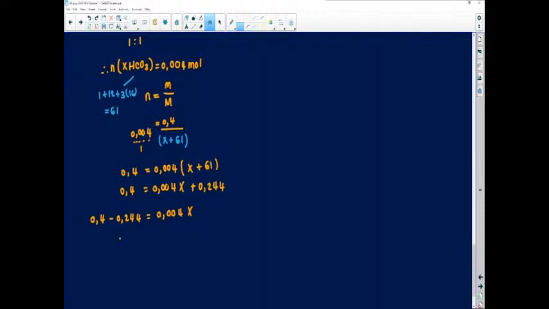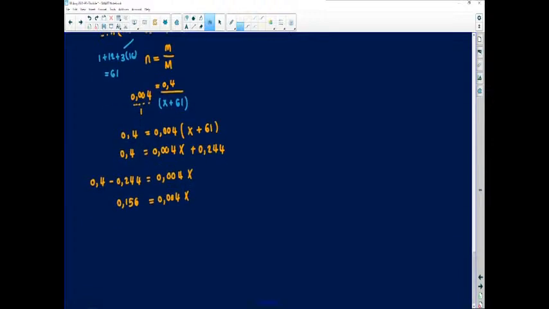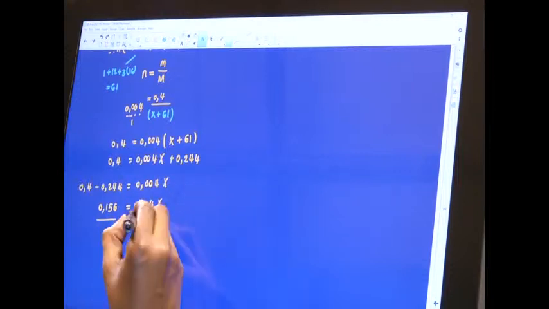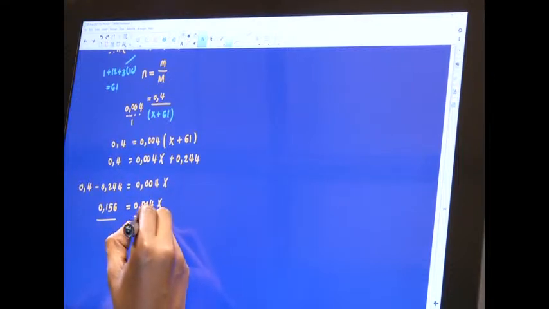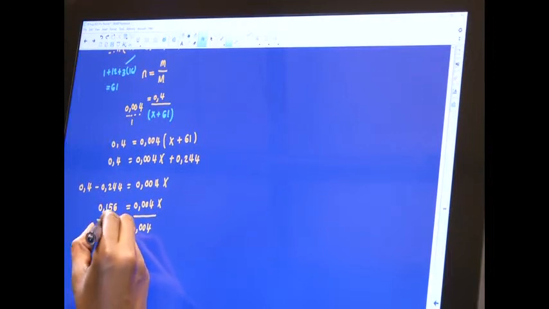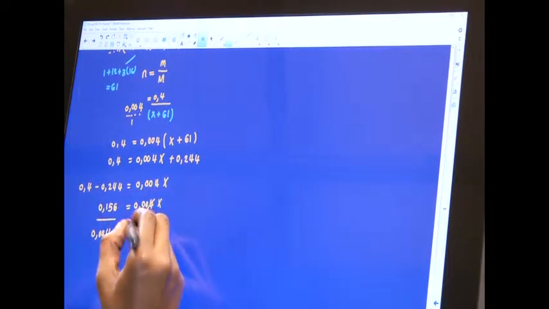So on this side, I'm going to have 0,156 is equal to 0,004x. Remember your x. Now I need to find x by itself. Remember, to get x by itself, you divide both sides with what is bothering the x. In this case, I'm going to have 0,004. What you do on the one side, you do on the other side. This and this will cancel.